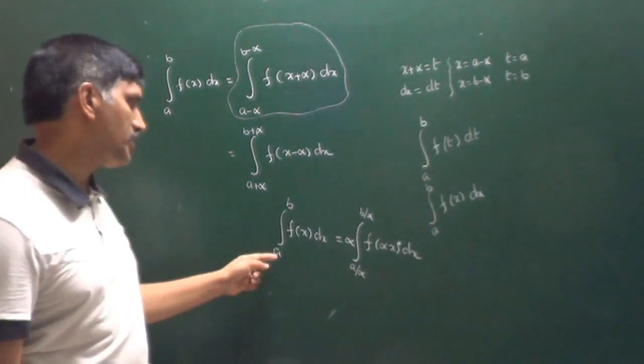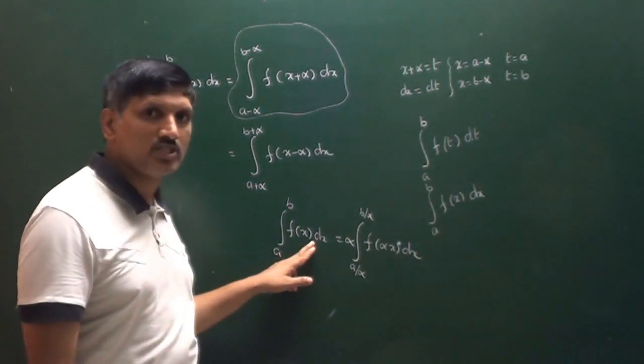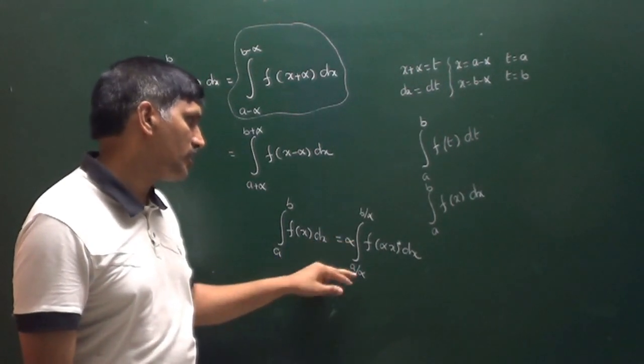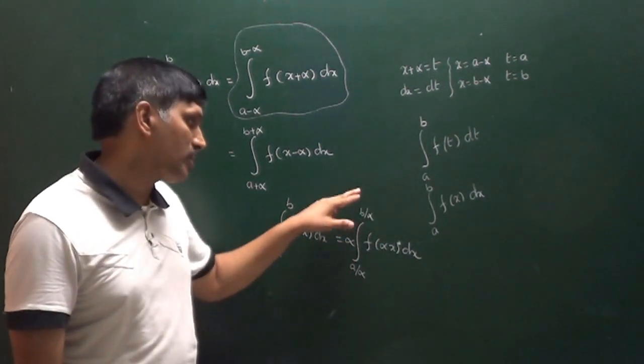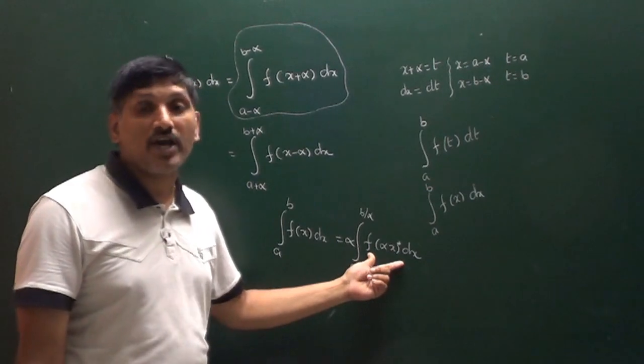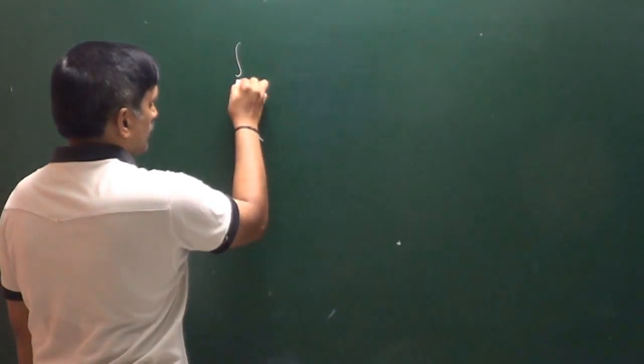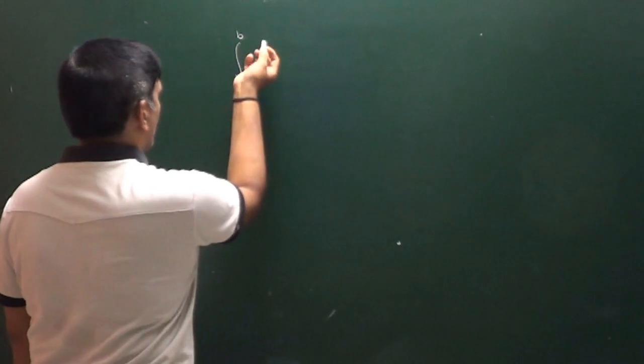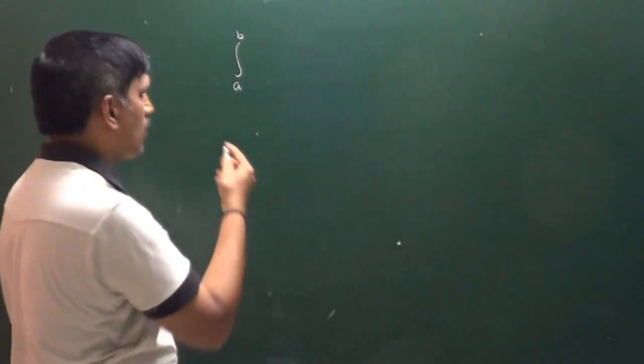So integral a to b f of x dx is equal to alpha into integral a by alpha to b by alpha f of alpha x dx.